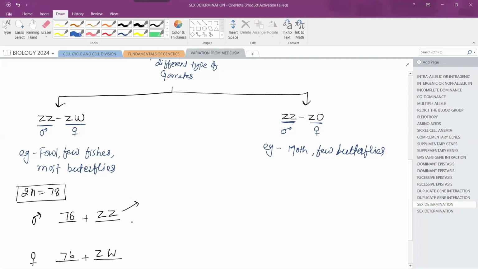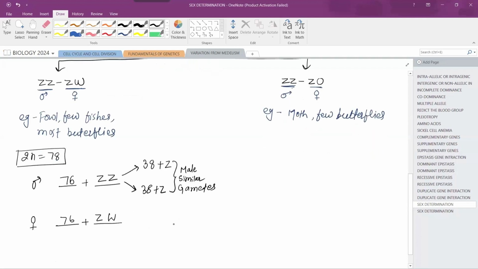And what is the gametic genotype? 38 plus Z, and 38 plus Z. So what you see is that in the case of fowl, with ZZ and ZW type combination, male will produce similar gametes.